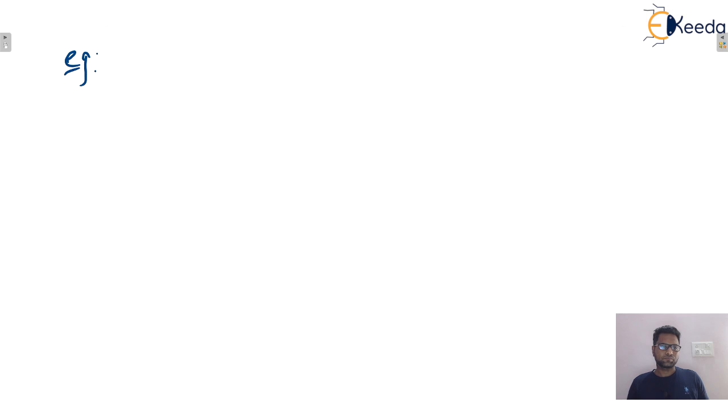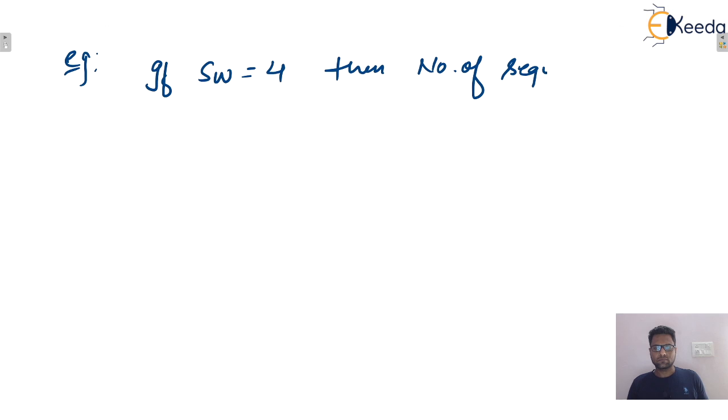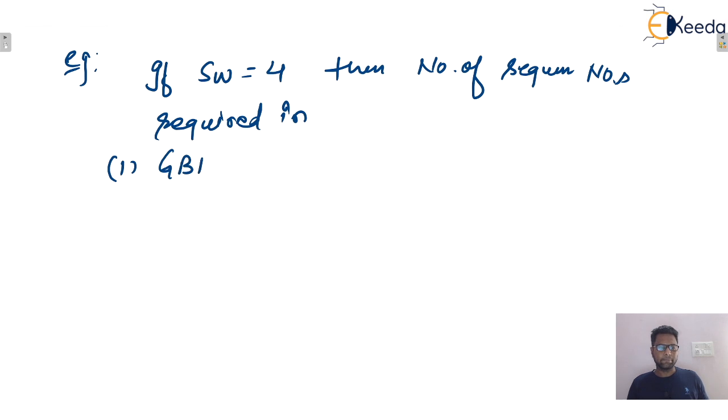Let's say the sender window size is equal to 4. How many sequence numbers are required in the first part, GBN, and the second part, selective repeat?